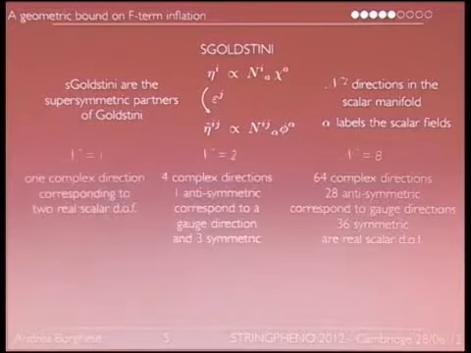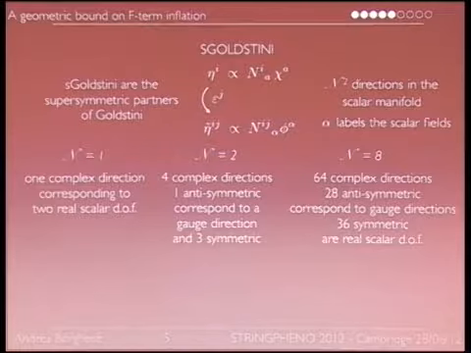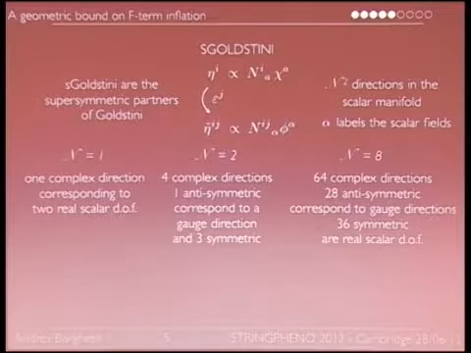So depending on the amount of supersymmetry, you can have one complex direction up to 64 complex directions, and then these complex directions become real because there are some special duality relations between scalars in N equals 8. So essentially, they are always there, and they can be pinpointed analytically, these directions.